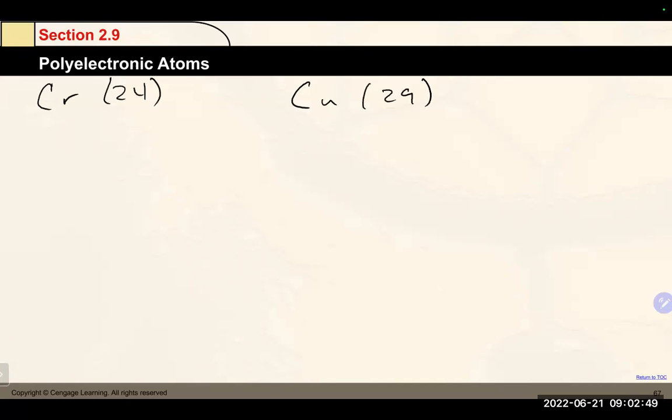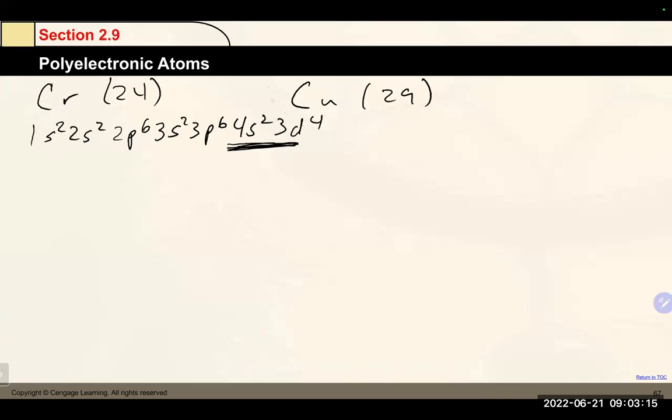In terms of chromium, if you were just to follow the zigzag guide there, you would end up with 1s2, 2s2, 2p6, 3s2, 3p6, 4s2, and 3d4. The exception actually happens right here, with the s and the d orbital.